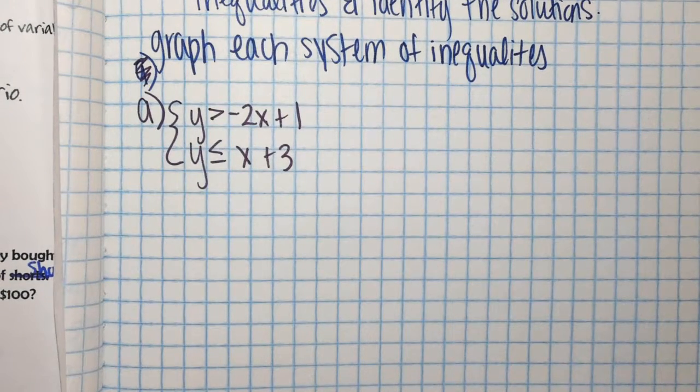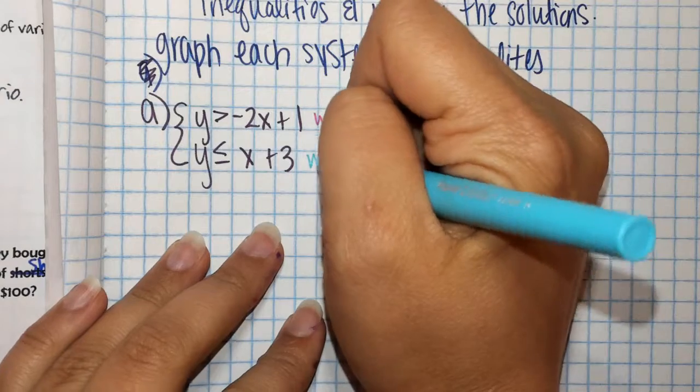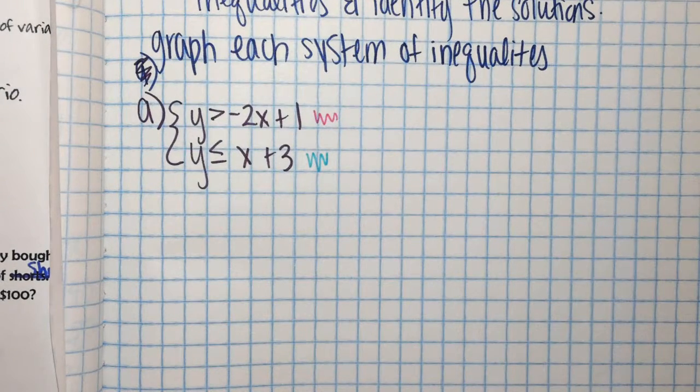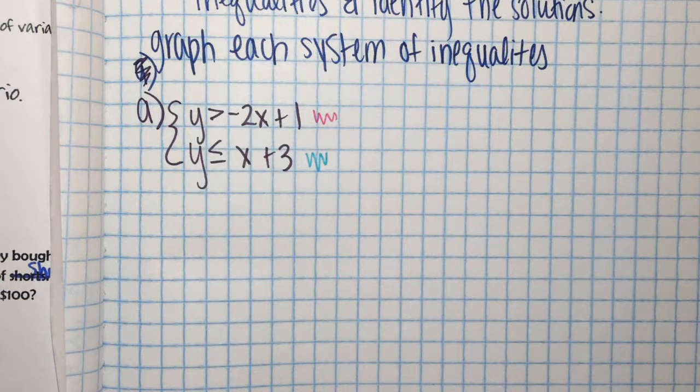Now, I want you to take your two colors that you have, and I want you to mark one color with one of the colors, and the other color with the other color. If you're using markers, don't press down hard because it'll bleed through. Now, are both of these in slope-intercept form? Yes.